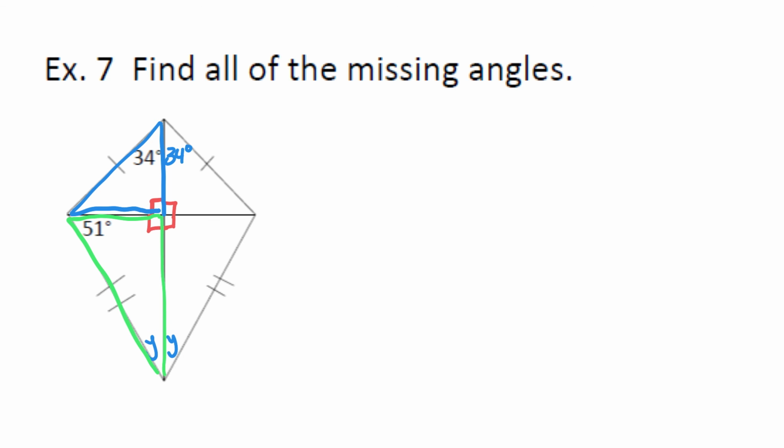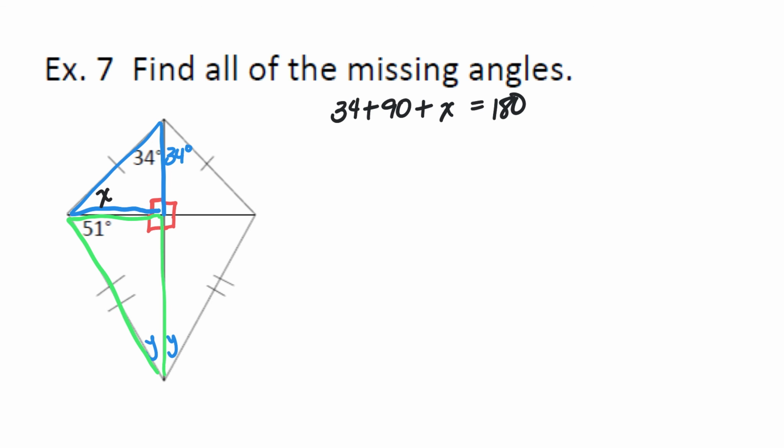So what we're going to do is set up our equation. Some of this you can do with mental math, but the 34 degrees plus the 90 degrees plus that angle, let's call this one X, should equal 180 degrees. So we would take the 2 angle measurements and subtract them from 180.